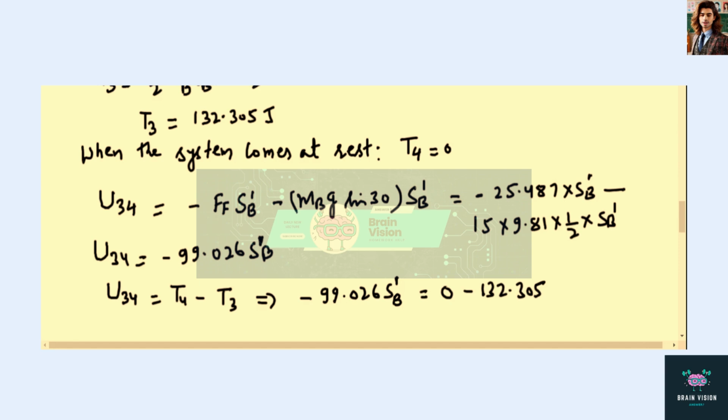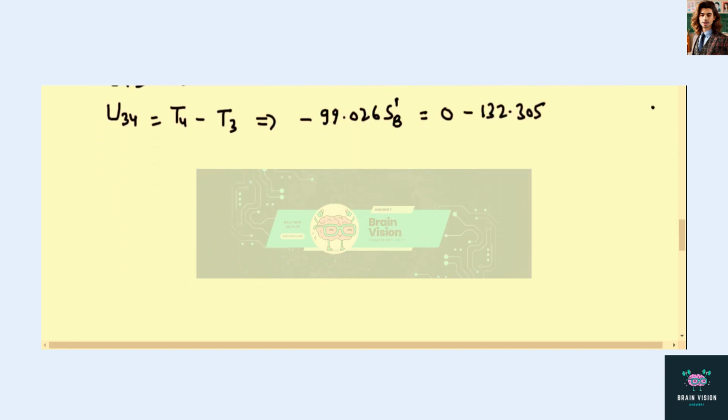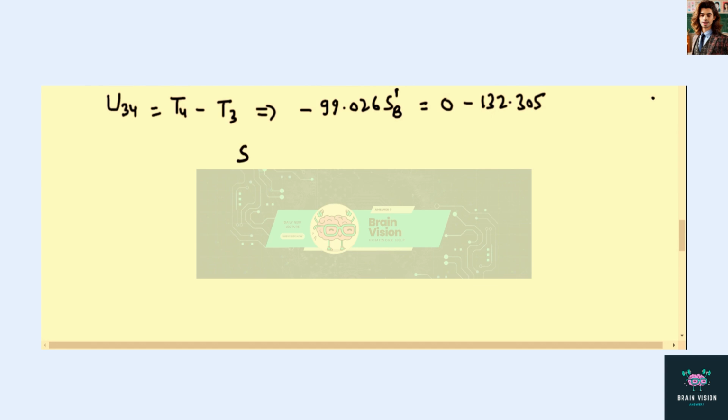So additional distance moved by the block we will calculate, and its value would be 1.3356.